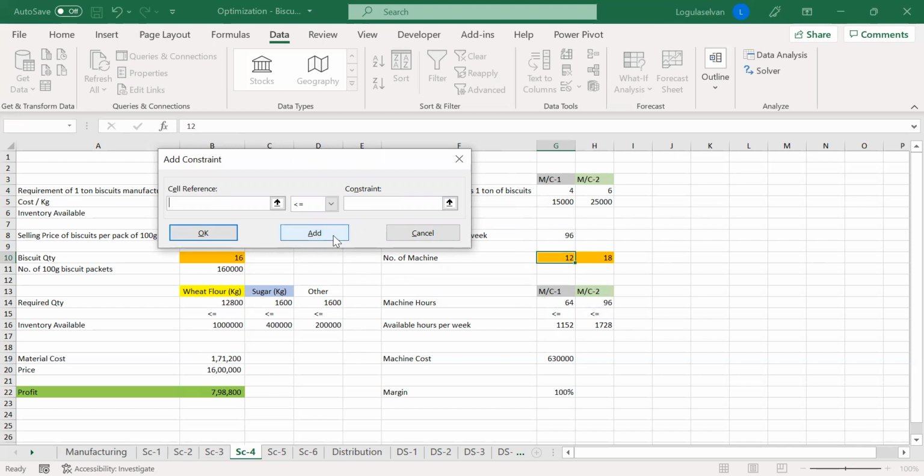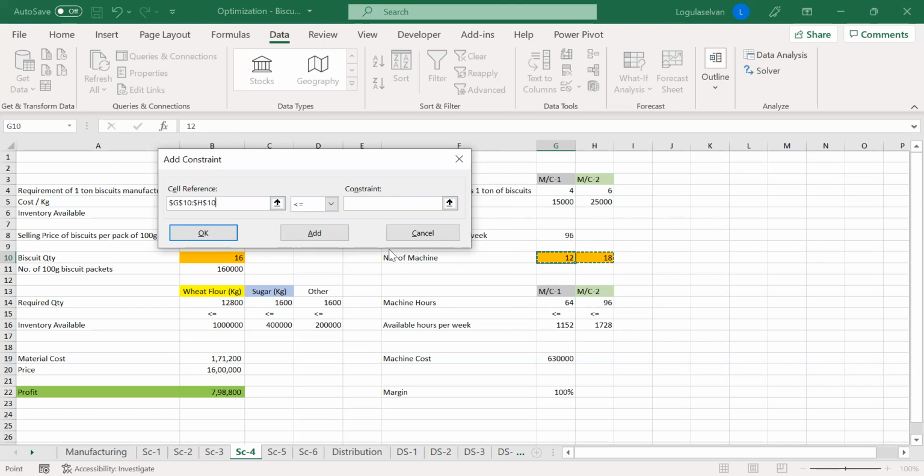Here we have to add one more constraint because the number of machines has to be an integer. It can be 2 machines, it can be 20 machines, but it can't be 10.5 machines or 12.1 machines. So this variable has to be an integer.